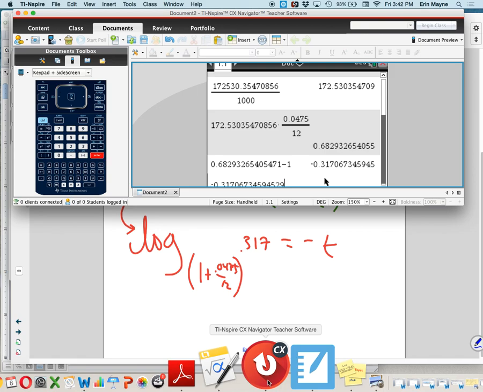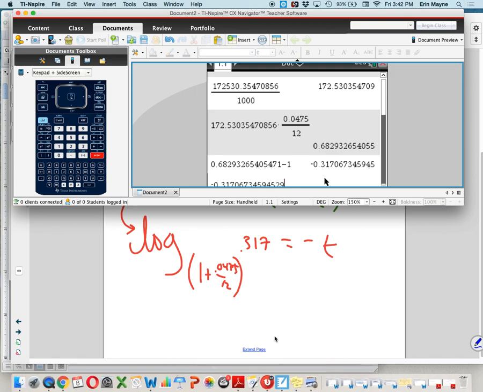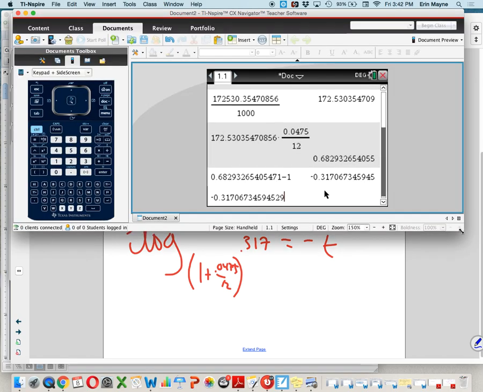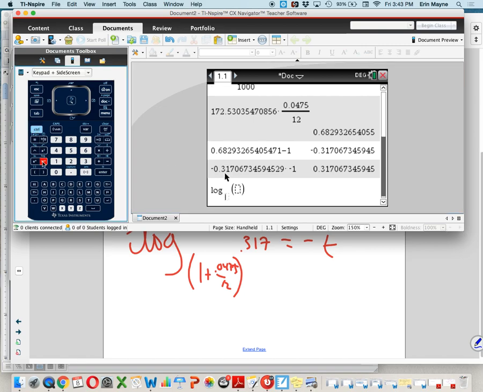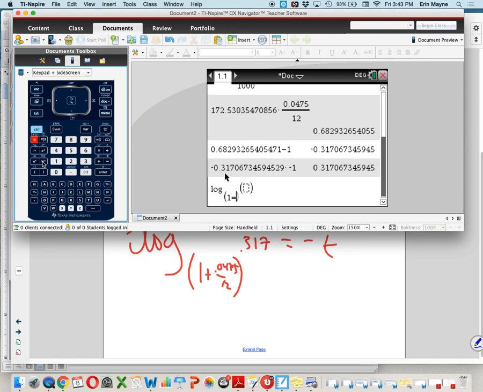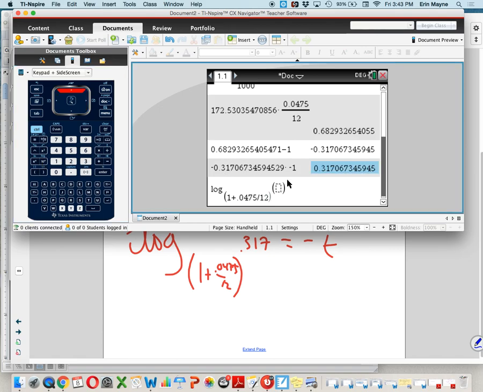So I'm going to go up here in my calculator. Notice I'm going to have to go ahead and multiply by -1 to make sure that that's positive. I'm going to take the log of both sides with the base of my 1 plus I. And here, I'm going to have my calculator draw this.